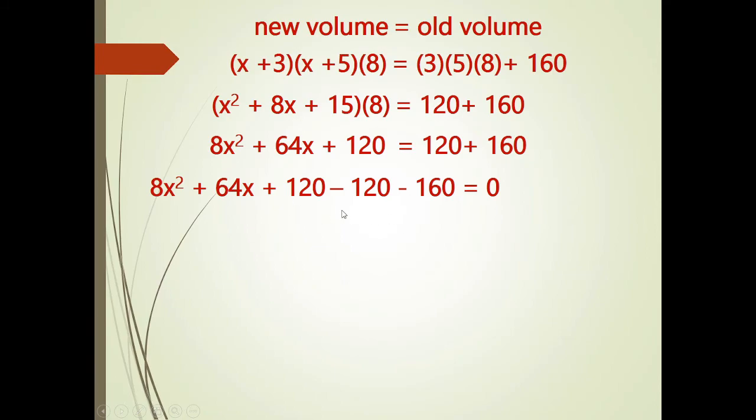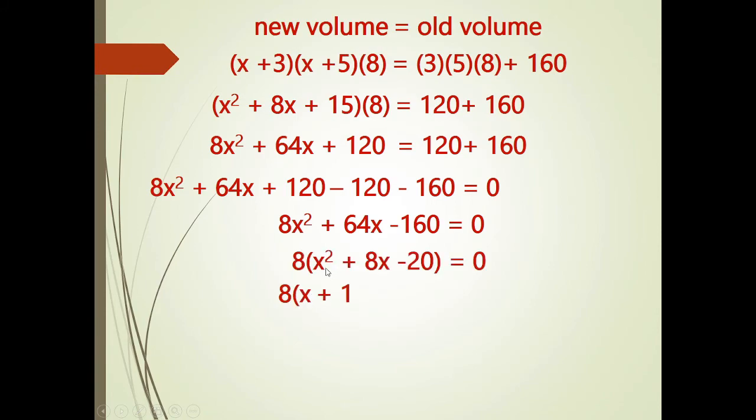Simplifying, 120 minus 120 is 0, so what remains is 8x squared plus 64x minus 160 equals 0. This is quite large, so let us find a common factor of 8, 64, and 160. That is 8. Dividing by 8, we get x squared plus 8x minus 20 equals 0.